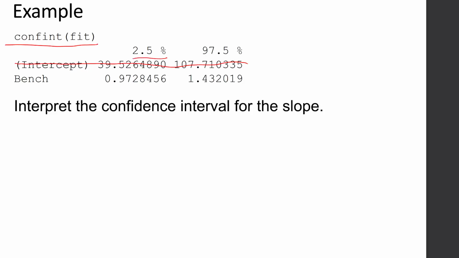Now, what are these column headings? Well, that actually tells you your confidence level. Basically, it's telling you that the t-critical points it used to calculate this confidence interval are the ones that separated the middle 95% from the lower 2.5% and the upper 2.5%.